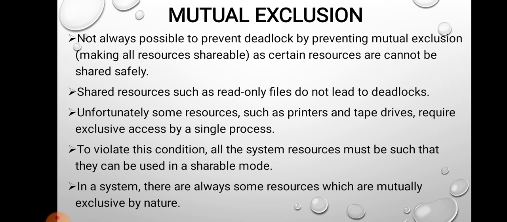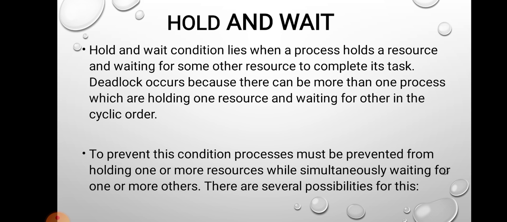But we cannot prevent deadlock by denying mutual exclusion, because some resources are naturally non-shareable. Clear? So this is the first condition: how to eliminate mutual exclusion to prevent deadlock. The second is hold and wait.